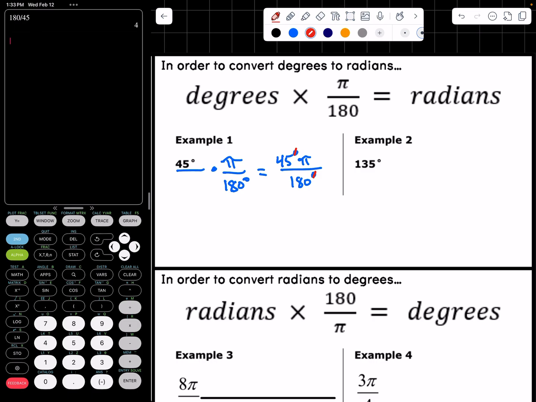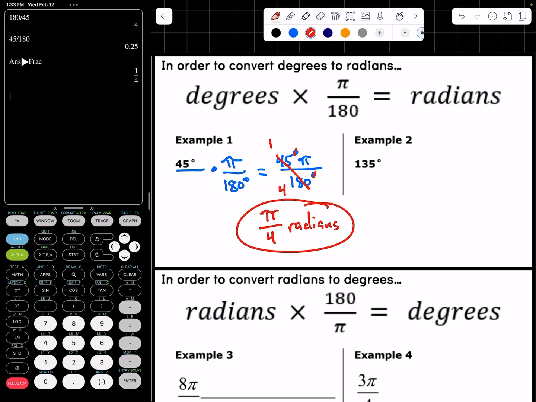So if I divide 45 by 45, I get 1, and if I divide 180 by 45, I get 4. So pi over 4 radians is going to be my answer, okay? I could do 45 divided by 180 and then math frac that to get my fraction. And these are much preferred in fraction because of the pi, okay?